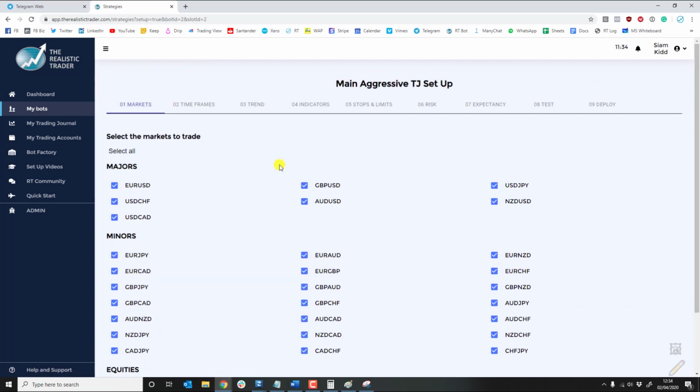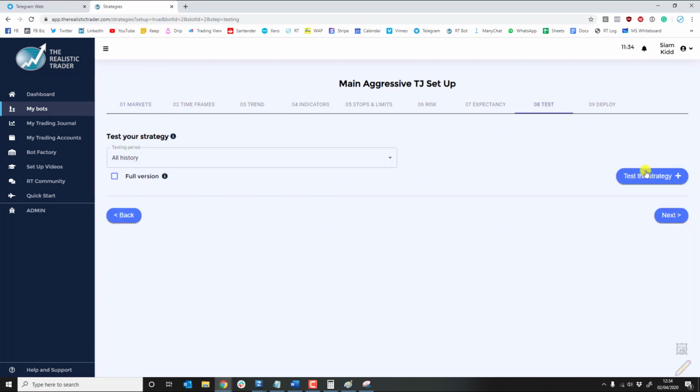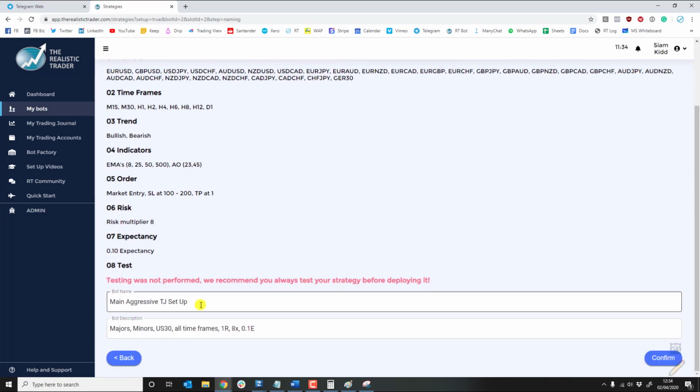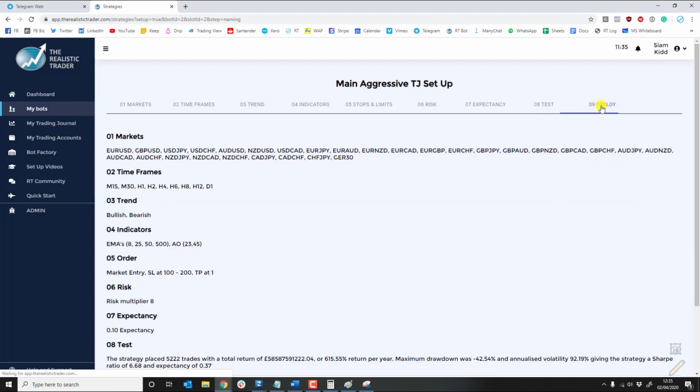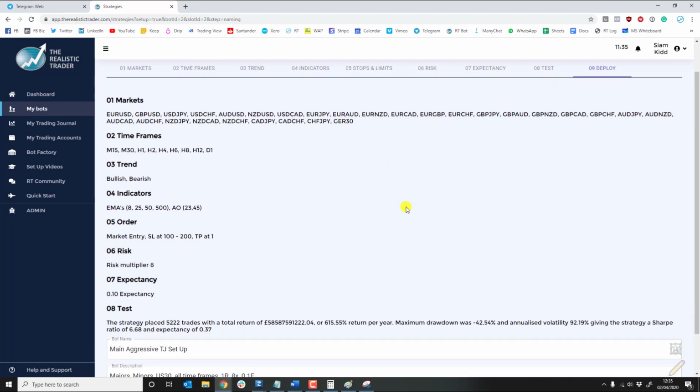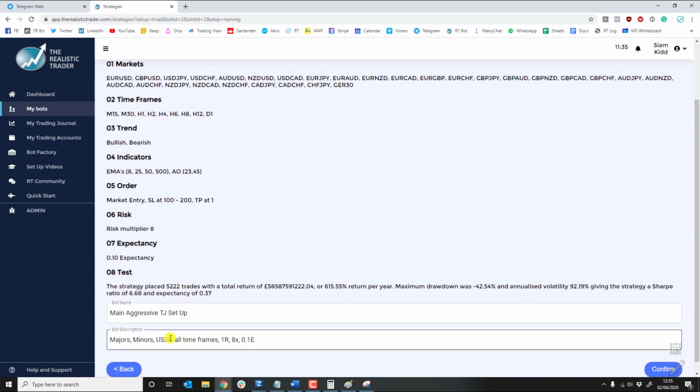Actually, I've got JR30, not US30. In order to redeploy it, you have to press the test. I'm just going to do that. There we go. Then go to deploy, and I just need to update this because I've got JR30, not US30. There we go.